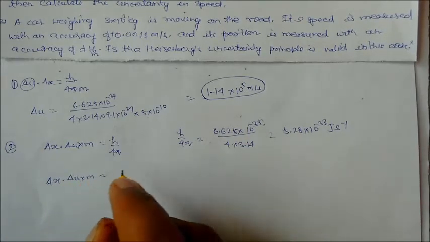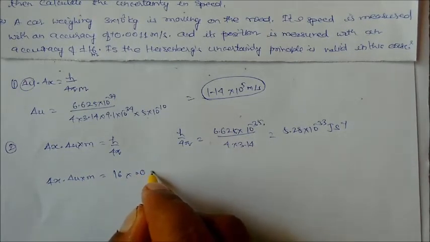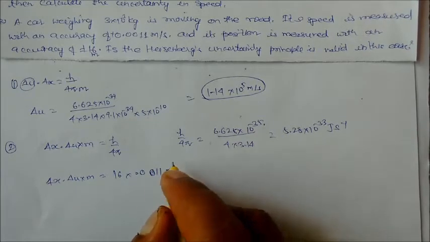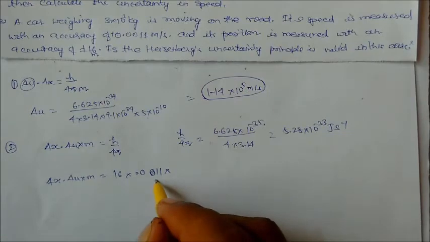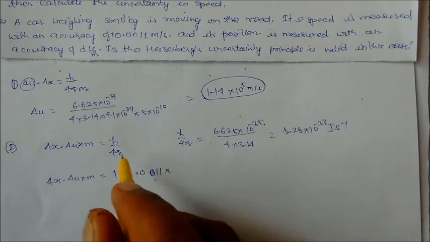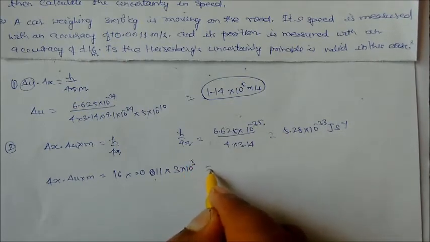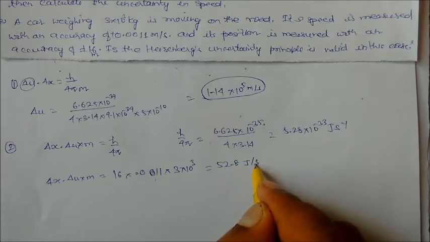Delta x is 16, multiplied by 0.0011, and the mass is 3 into 10 power 3. On solving we will get 52.8 joule second.